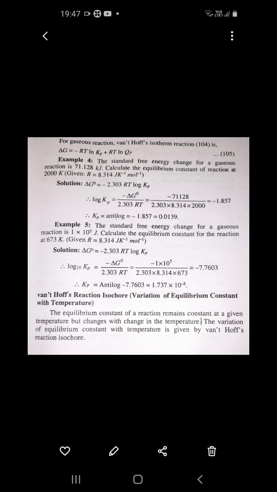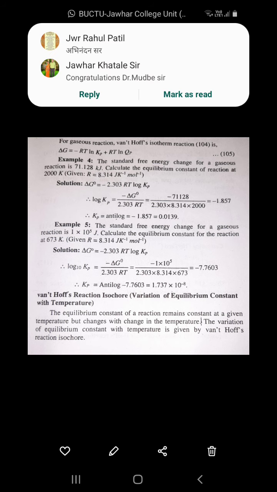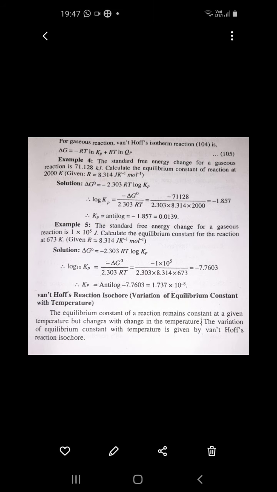The value of R, which is 8.314 joule per Kelvin per mole. Here we want to calculate Kp, but we have the equation delta G0 is equal to minus 2.303 RT log Kp. Therefore log to the base 10 of Kp is equal to minus delta G0 upon 2.303 RT.